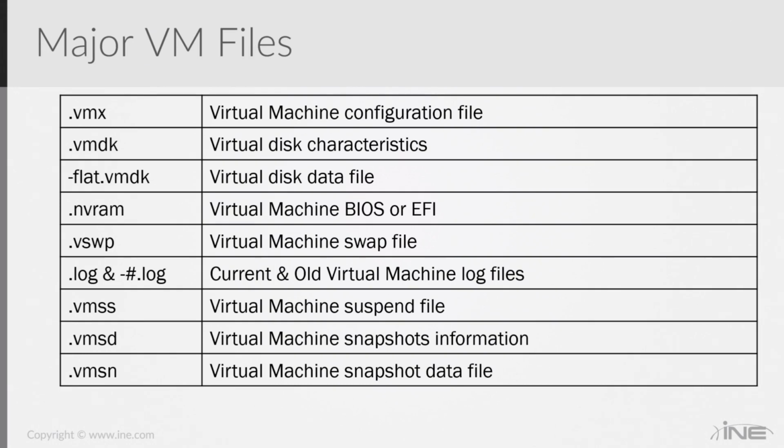Basically, it's a snapshot of RAM, so that when it restores it, it can put the RAM back the way it was. Okay. And then these last two files have to do with snapshots. The first one is the snapshot information, and the second one is the snapshot data file. We'll get back to these a little bit more when we get to snapshots. I just wanted to put them on this list because they are pretty important.